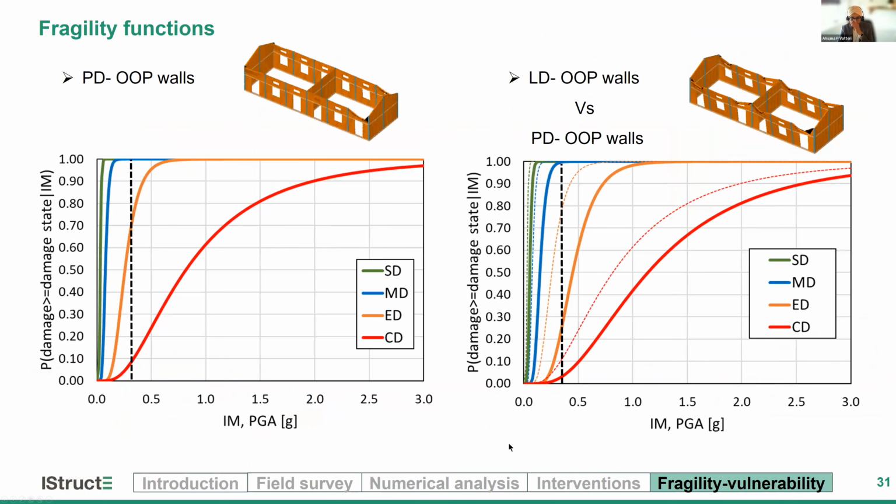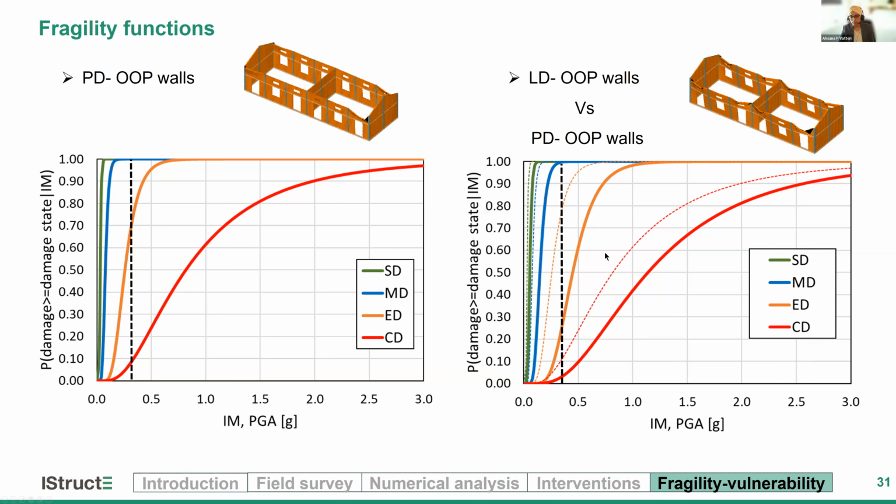So these fragility functions for the poor design case is on the left. We see this black line on the graph is the level of maximum considered earthquake in this region. And you can see that the building is much beyond the level of moderate damage, and there is a high chance of extensive damage, but which is slightly improved by the connections.